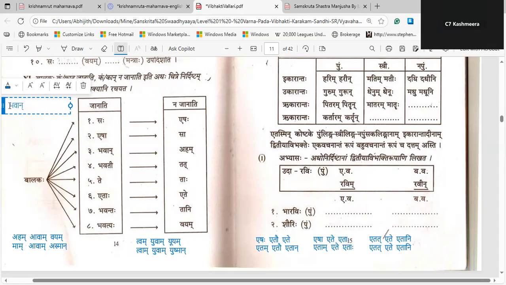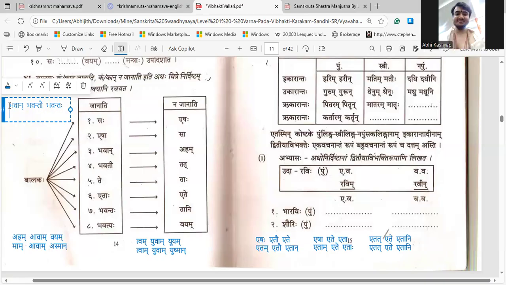Ramaha. So here, Bhavan, Bhavantau for Dvivachana. So obviously the next one is going to be Bhavantaha. Okay. So now when I change it to Dvitiya Vibhakti, what will be the changes? Can you just think?